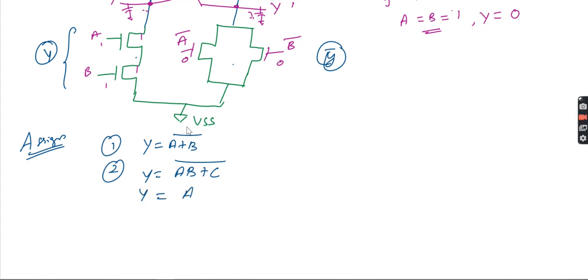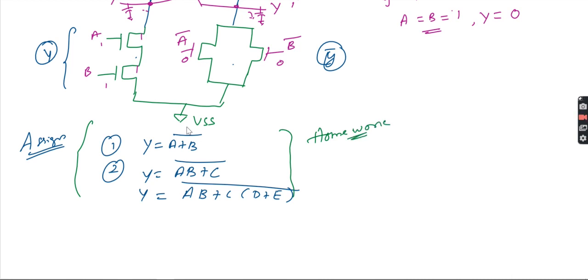Then Y is equal to AB plus C into D plus E, the whole bar. These are all considered as homework assignments. Implement using DCVSL logic.